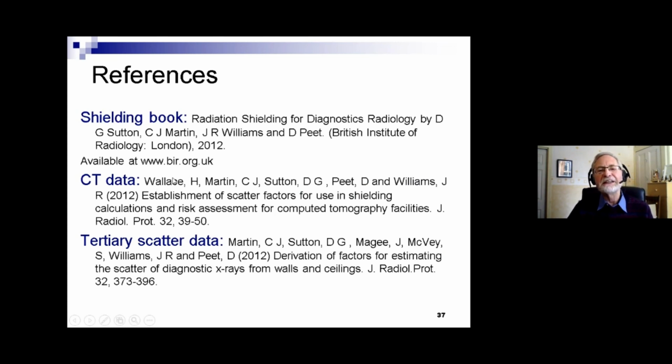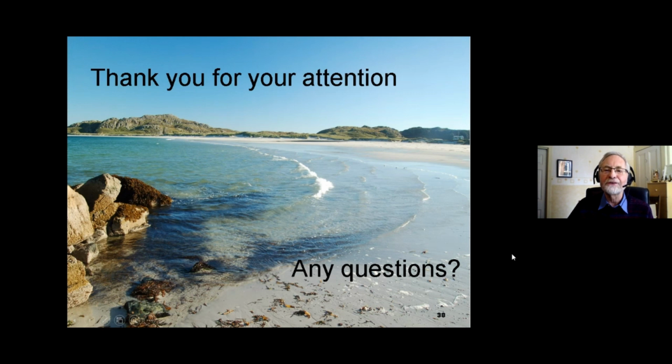All the CT data and more is given in a paper that we published in the Journal of Radiological Protection. And similarly, the data and the measurements from tertiary scatter are given in a paper, both published in the Journal of Radiological Protection in 2012. And that's me finished. So I'll thank you for your attention, and we await any questions.